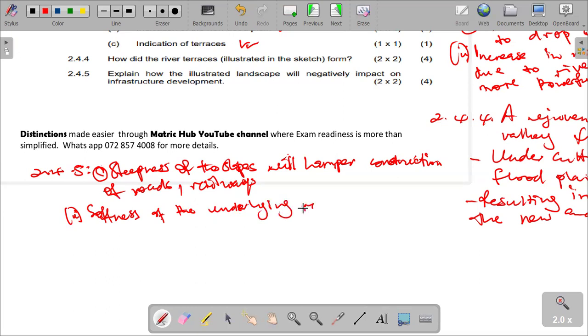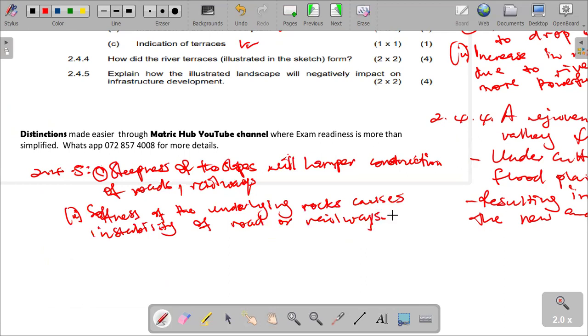The softness of the underlying rocks causes instability of road or railway lines.